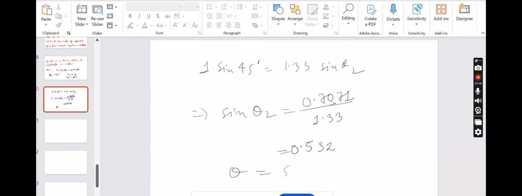So theta 2 is sin inverse of 0.532, which is equal to 32.2 degrees. This is the answer.